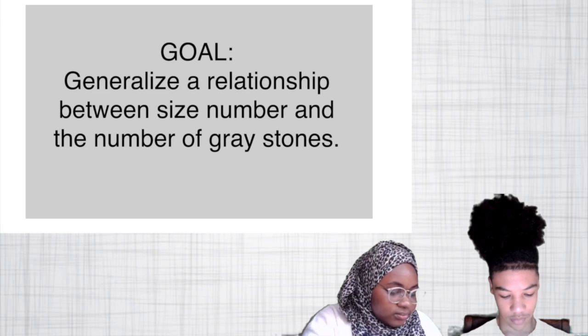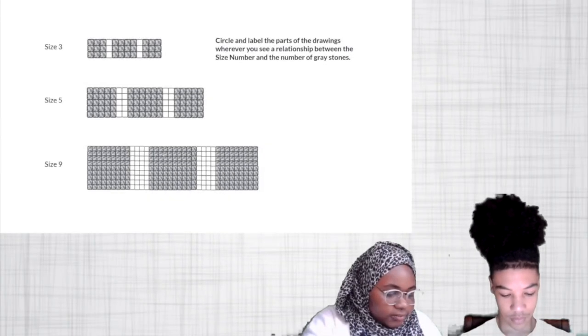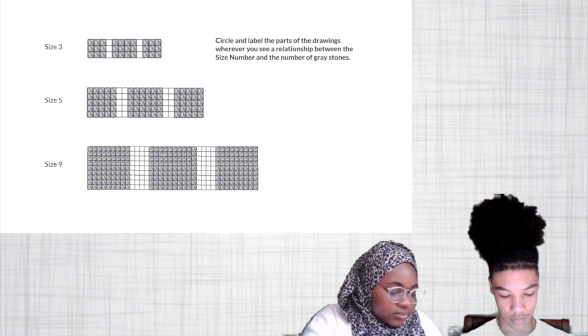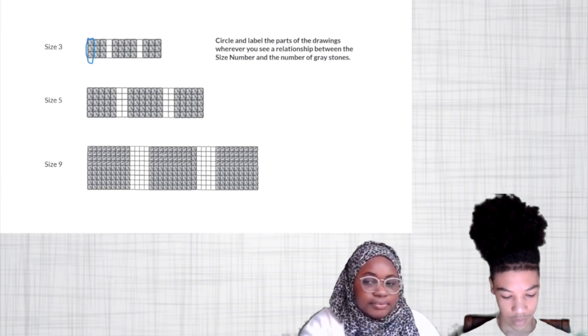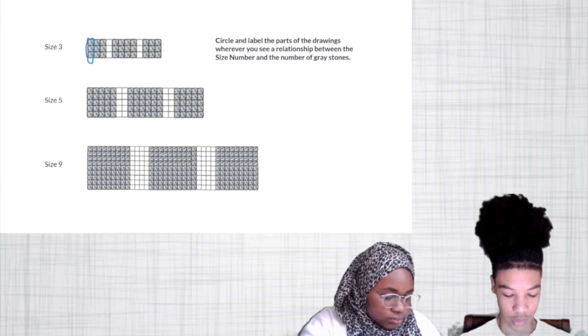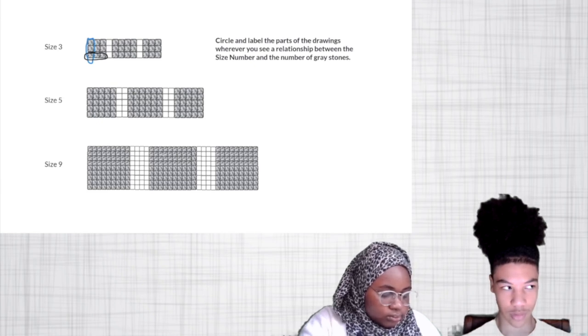In this episode, Haleemah and ET start to make sense of the relationship between the size number and the number of gray stones. Well, on size 3, I noticed that there are 3 tiles on the side. So I'll circle that. Well, I noticed that there are 3 rows. In each gray tile, there are 3 gray sets, and in a gray set, there's 3 rows, 3 tiles in a row.